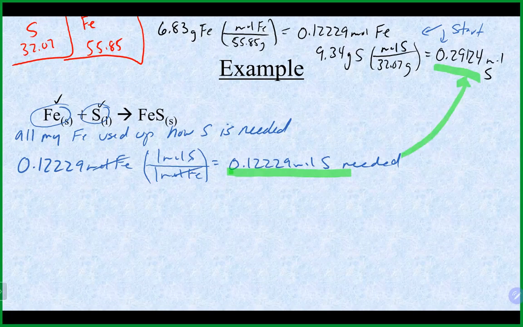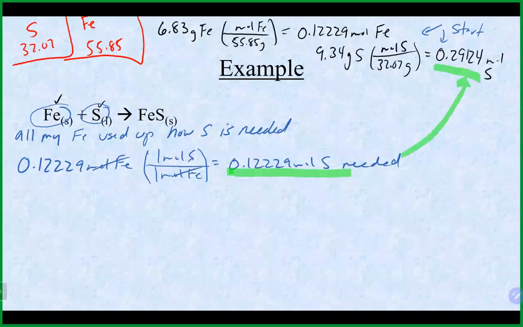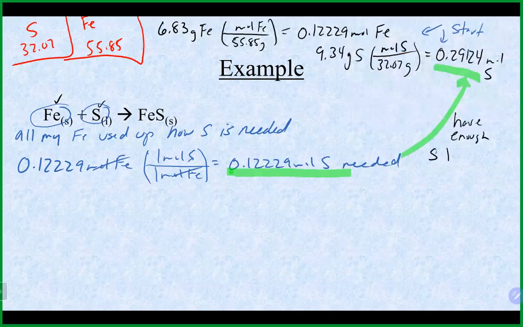I do have enough sulfur. That means that sulfur is the excess reagent and the iron would be the limiting. So I do have enough. That means that sulfur is the excess reagent. And in this example, iron would be the limiting by default. Any question on that calculation?